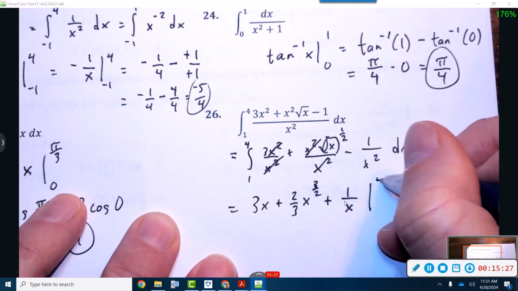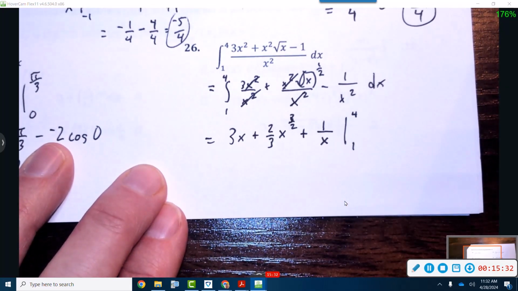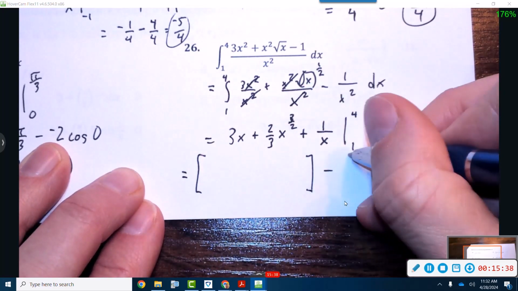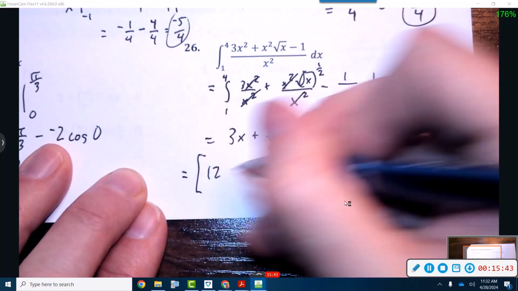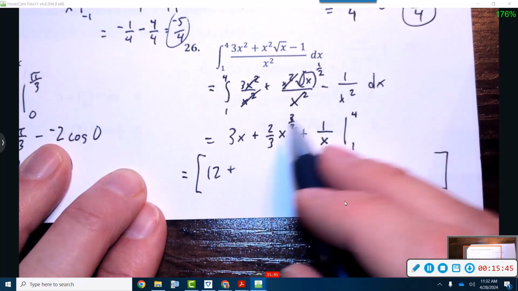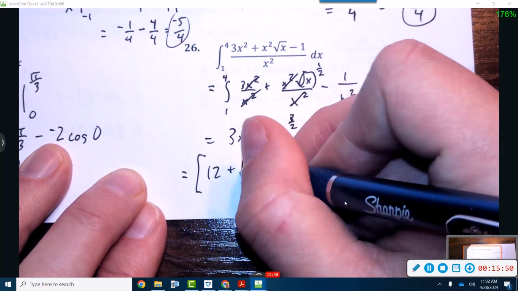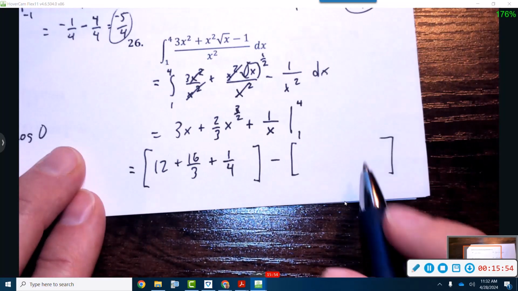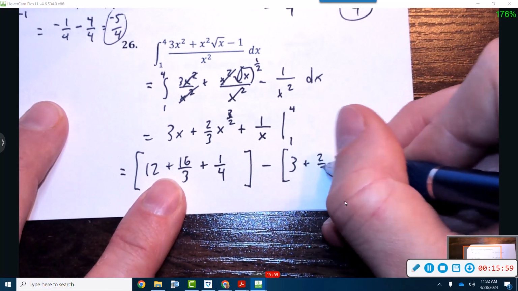And we're going from 4 to 1. Okay, this is kind of a beast here. All right, so we've got the 4 part right here minus the 1 part. Okay, so 4 part is 12 plus 4 square root is 2, 8. That's 16/3 again. And then there'd be 1/4. Then a 1, we got 3 plus 2/3 plus 1.